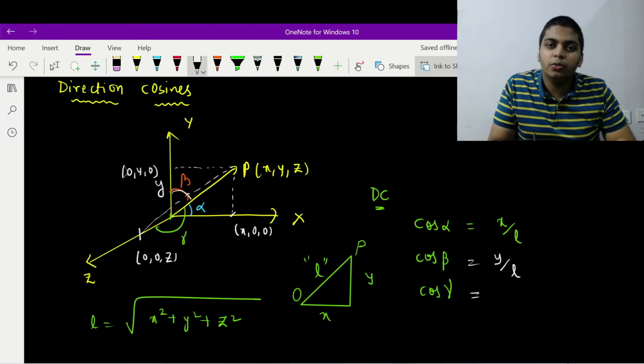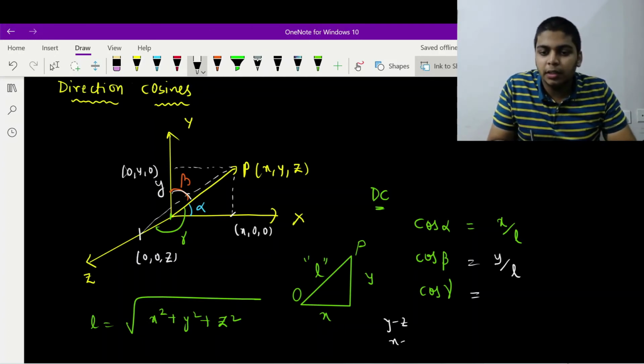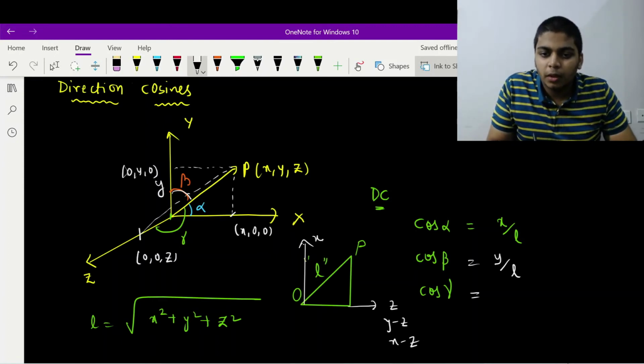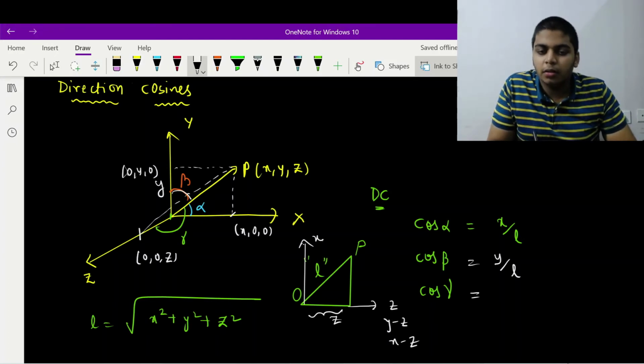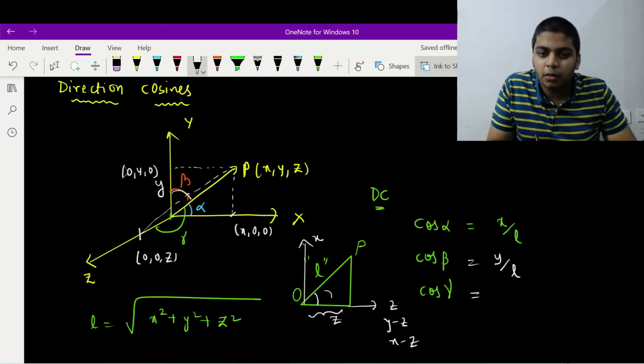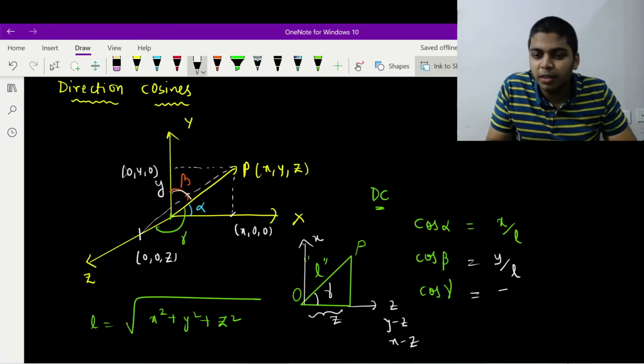When you are trying to find cos gamma, you take it in the yz or xz plane, and then it will appear like this: if this is your z axis and this is your x axis, then this will be your z units. And this is your gamma, then your cos gamma is nothing but simply z by L.